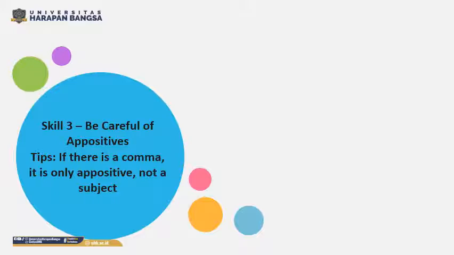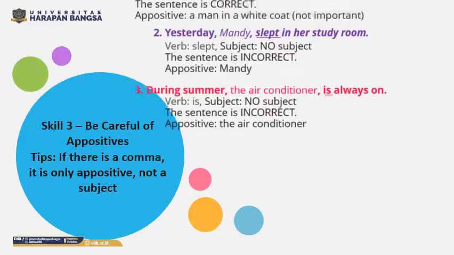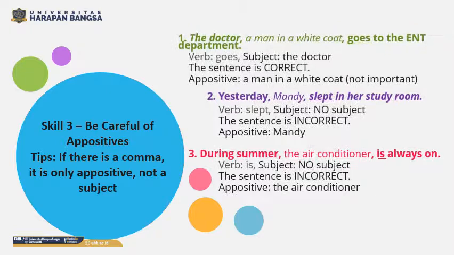It is not important because it only provides additional information about the subject. Apositif tidak penting karena dia hanya memberikan keterangan tentang subjek dari kalimat. So if there is an appositive, remember it is not a subject.